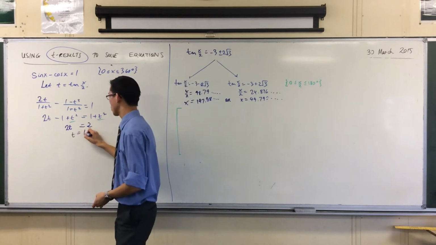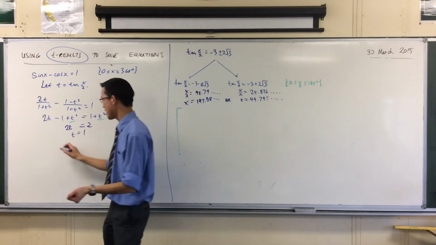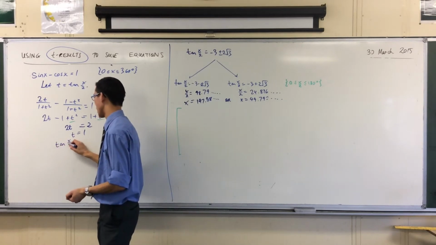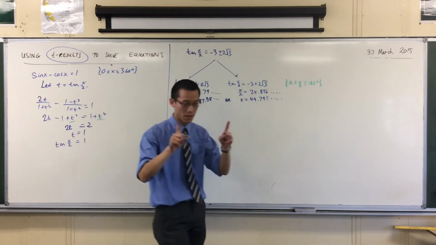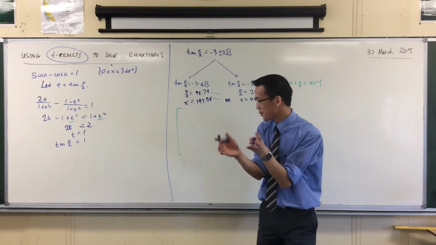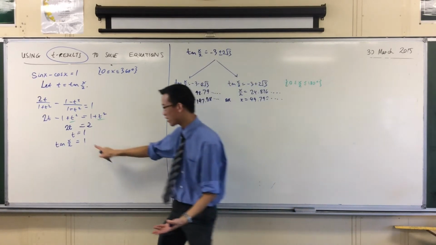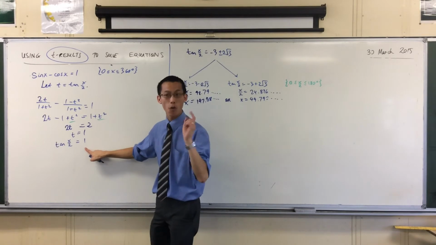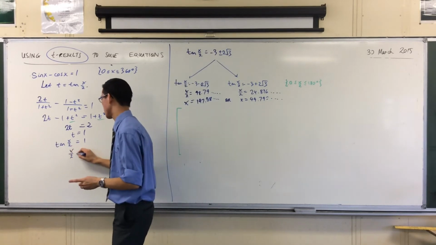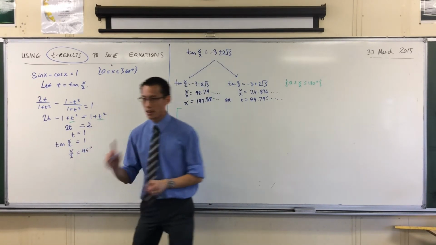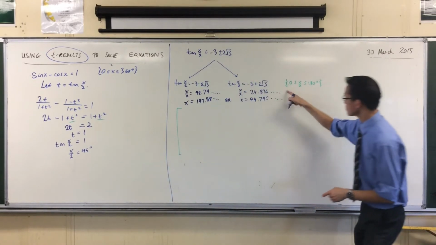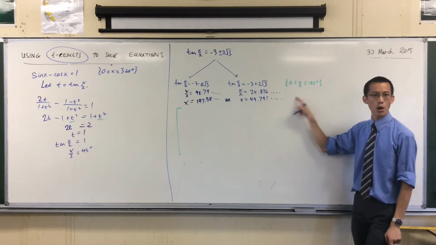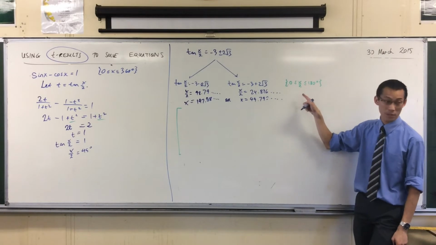So t is equal to 1, but remember, t is in fact tan of x on 2. So, remember, there is some angle that when you take tan of that, you'll get 1. Tan of 45 degrees. X on 2 equals 45. Just like before, I'm in this domain when I'm solving functions in terms of x on 2.